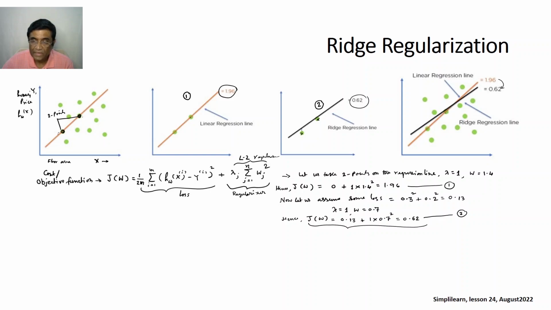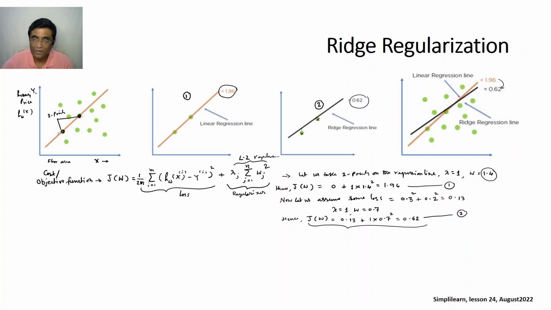So the loss will be 0.3 square plus 0.2 square equal to 0.13. And lambda equals 1, w equals 0.7. So we are decrementing w, the parameter is getting shrunk. If w is shrunk now, then J(w) will be 0.62.